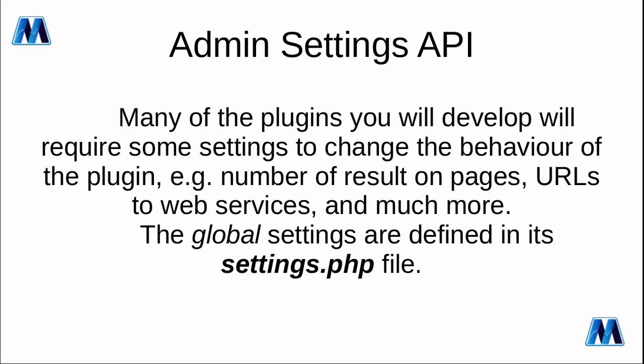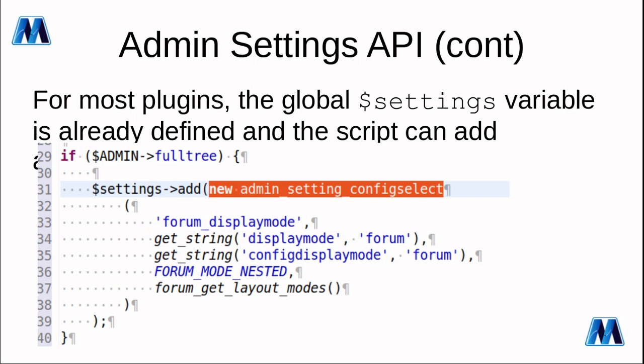So for many of the plugins you will develop, you may require some global settings to change the behavior of the plugin. For example, you might point to URLs to external services, or define the number of results on pages if it has to do with searches and making lists, etc. And these global settings are defined in the plugin's settings.php file.